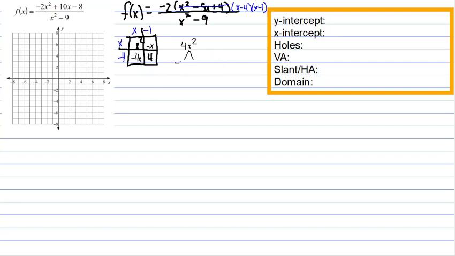And so now I'm going to factor the denominator the same way using the box. When I factor this, the x squared goes here, the -9 goes here. And so I'm looking to see what multiplies to give me 9x squared that will add to give me a 0x. So -3x and positive 3x.